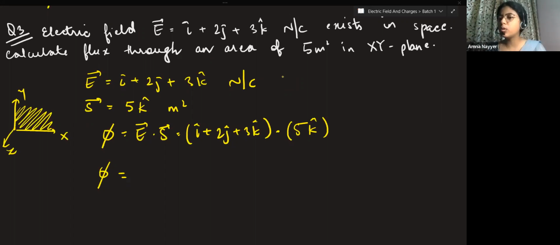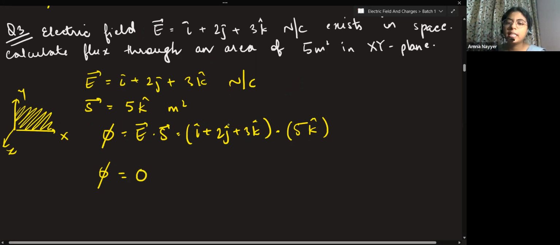So how do we solve it? We multiply the coefficients of I cap from one quantity and the other quantity. From the electric field, you have the I cap coefficient as 1. From the surface area, you don't have I cap, so you have 0. 1 multiplied by 0 gives you what? 0. Then you have to take 2 J cap.